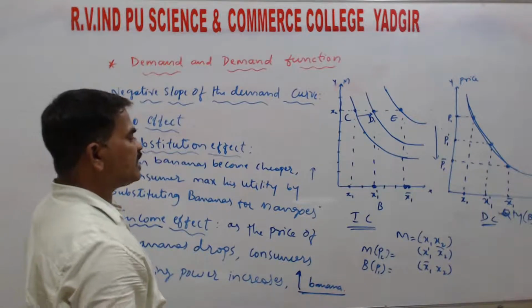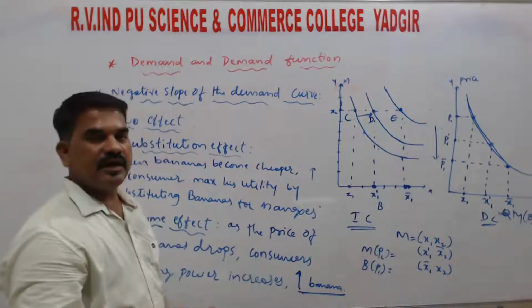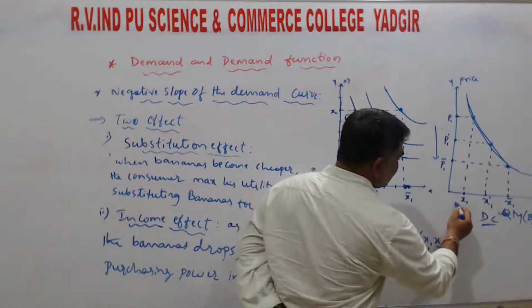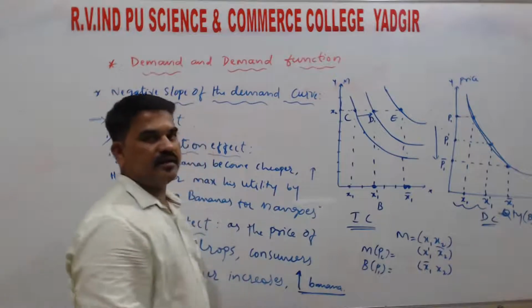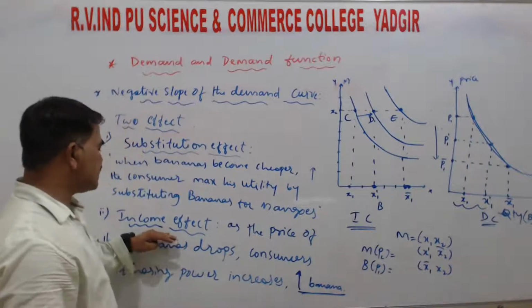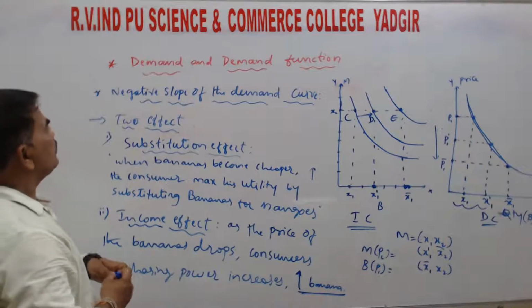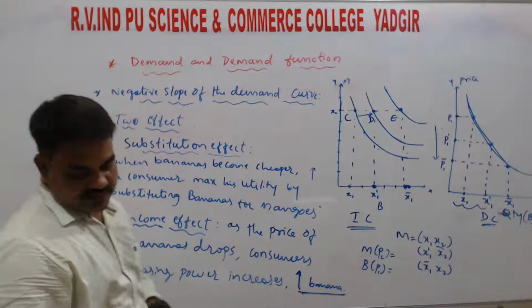And the income effect is when there is a price reduction, his purchasing power increases. So when his purchasing power increases, he will buy more and more quantity of bananas. That is what we call the income effect. These two effects we can see when there is a negative slope of the demand curve.